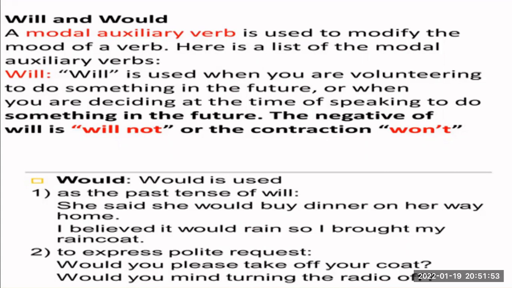For instance, if you are talking about the future, for example, I'll visit grandma tomorrow or next week, all right? Now, the negative form of will is will not, or the contraction is won't, I won't. That's the short form.